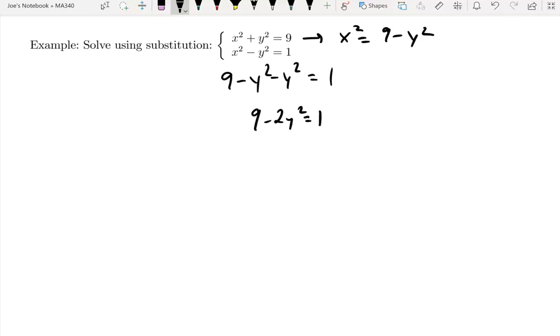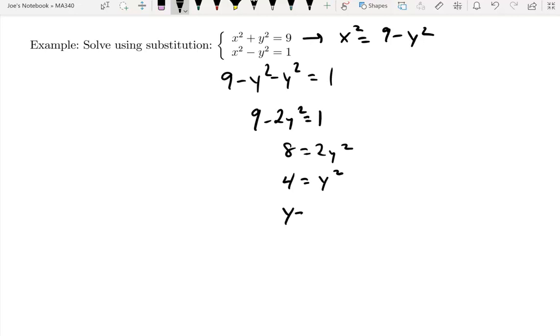Or said another way, 9 minus 2y squared equals 1. Let's isolate our y squared. I'll add 2y squared to both sides and subtract 1. Divide by 2, you get y squared equals 4.